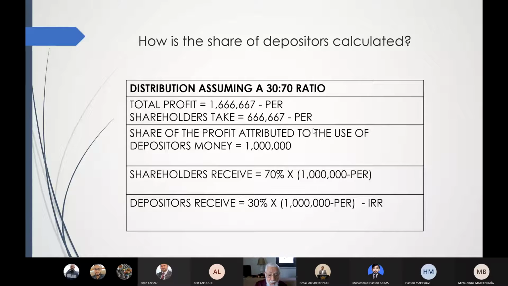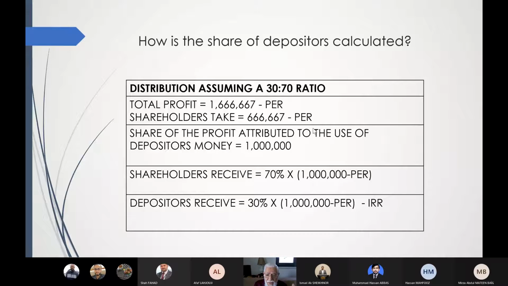And of course, if you take PER from the Mudaraba profit only, then why do you need to take, in addition to that, the IRR? The IRR becomes really an additional burden that doesn't make much sense.